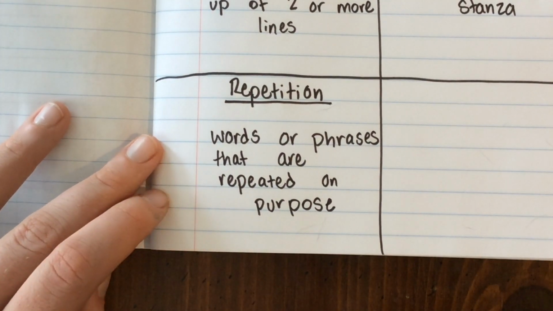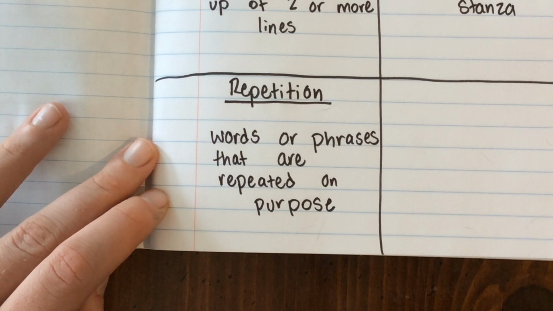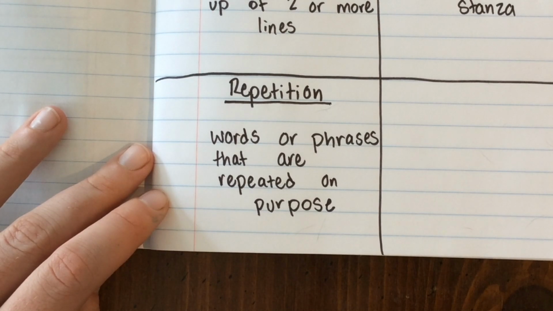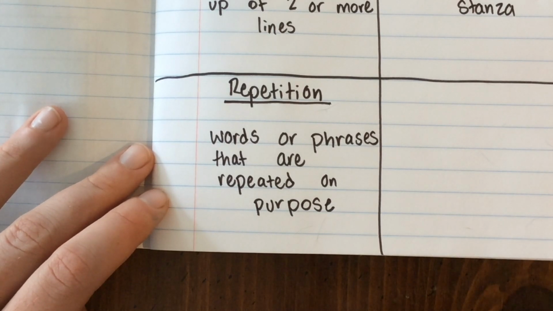So you'll see this a lot of times in poems where one whole line will be repeated several times, or maybe a word will be repeated several times, maybe because that's what the poem is about, or the poet just really wants to emphasize that one word or phrase.